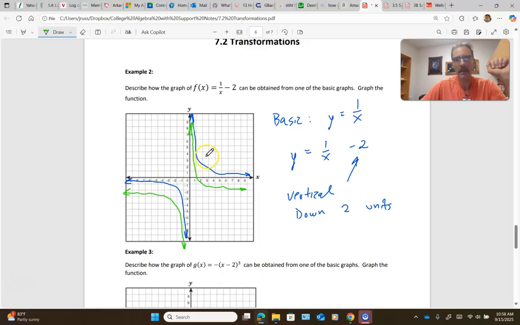So yeah. Now notice the basic function never actually crosses the x-axis. So when I shift the transformed function down, then it should never cross an imaginary line that's 2 units down. Okay, so you can see I've kind of shown that the way I drew it there.